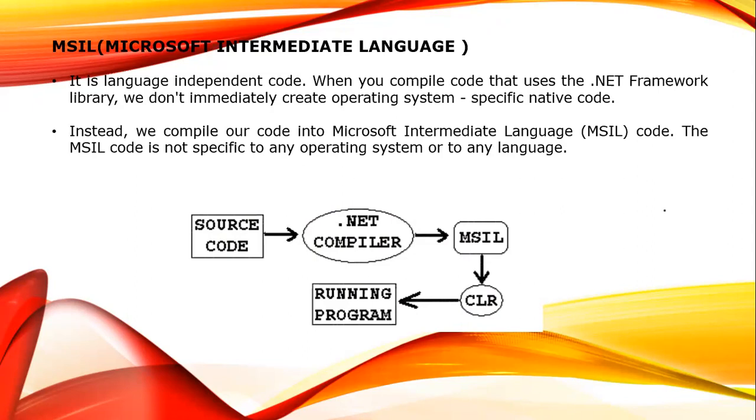First, the source code has to go through the .NET compiler. The compiler checks whether that code is valid or not based on syntax. Then it converts it into MSIL, Microsoft Intermediate Language code. Then MSIL transfers that code to the CLR, the common language runtime. Then the CLR passes that code to a running program, and then you get the actual output of that program. So is MSIL clear? Please raise your hand.